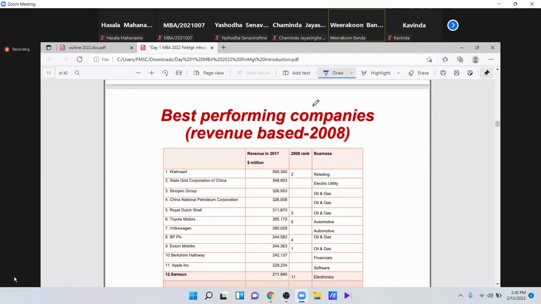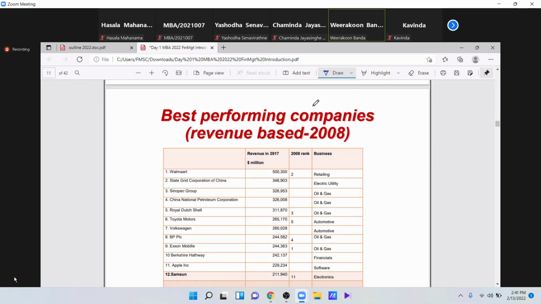Then Toyota Motors, Japanese automotive: 2017 rank was 6, 2008 rank was 5. BP PLC, 8th rank in 2017 but 4th rank in 2008, oil and gas. ExxonMobil, Berkshire, Apple Inc., likewise Samsung.